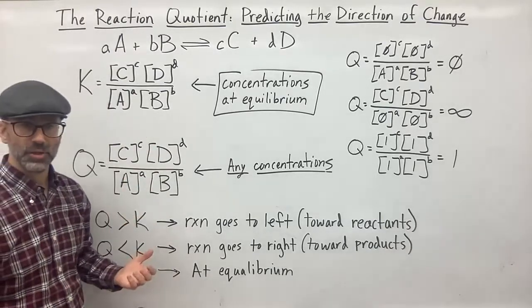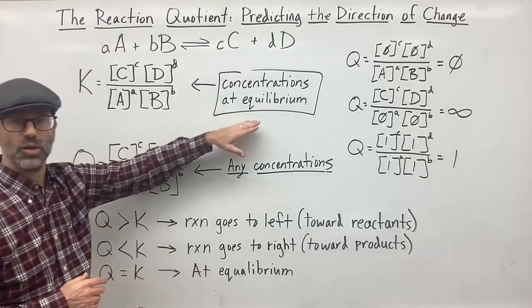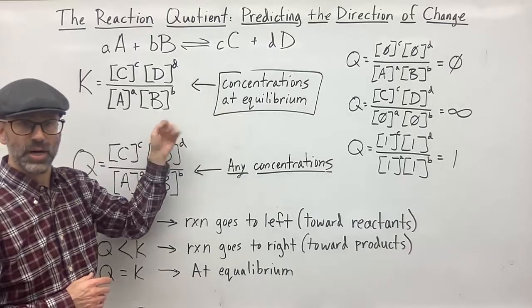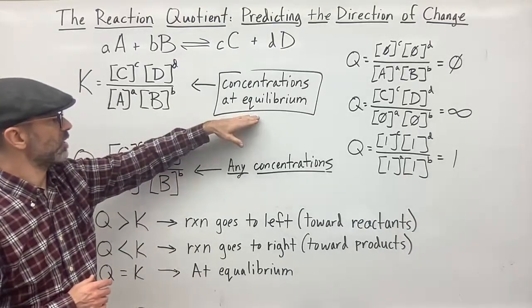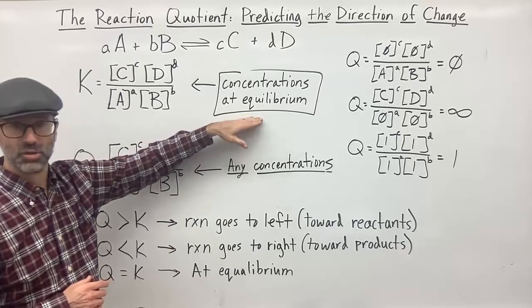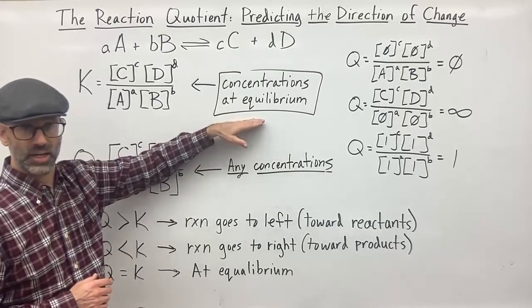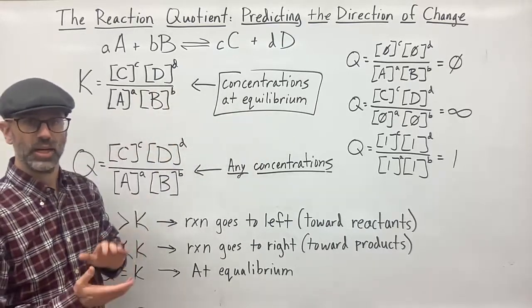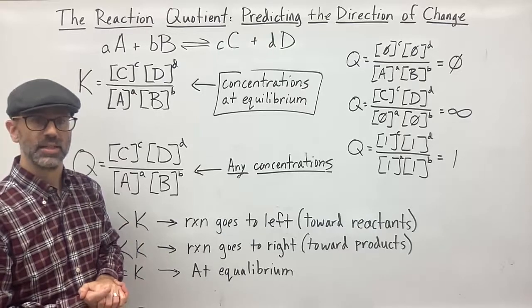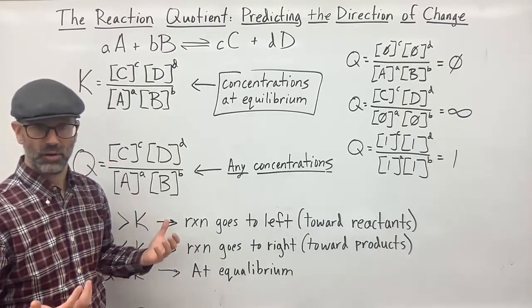So what's the difference? The difference is that you only use the expression for K when you're using the equilibrium concentrations. If you know the concentrations at equilibrium, then you can plug that in and find out what your equilibrium constant is. But what if you don't know if you're at equilibrium?